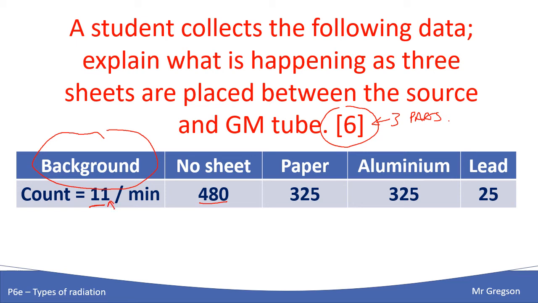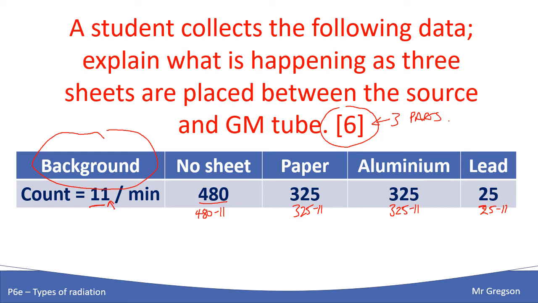So it's actually going to be 480 minus 11. 325 minus 11, assuming these are all counts for 1 minute. I don't think it actually says. Let's assume it is. So 325 minus 11 and 25 minus 11.